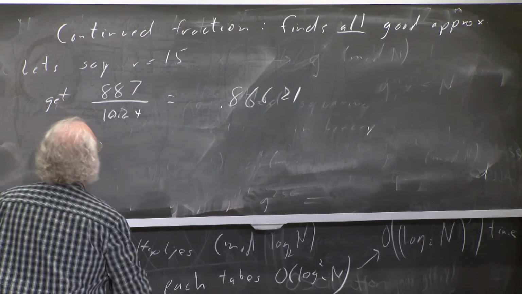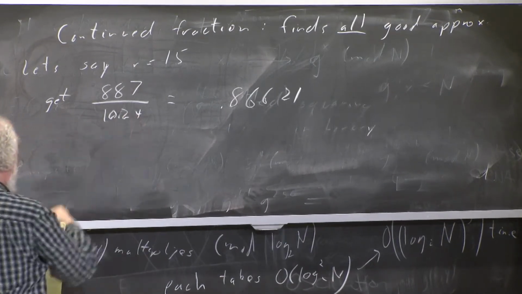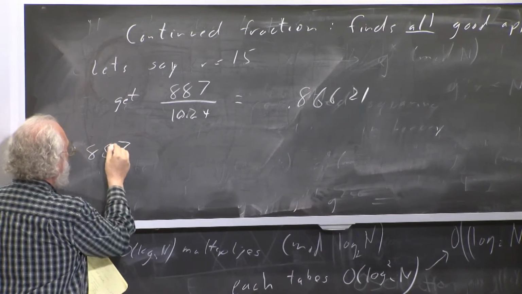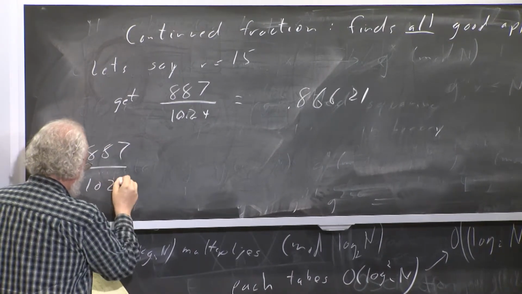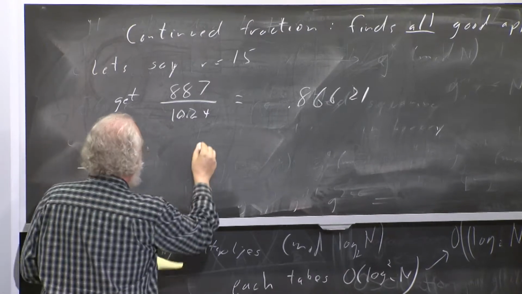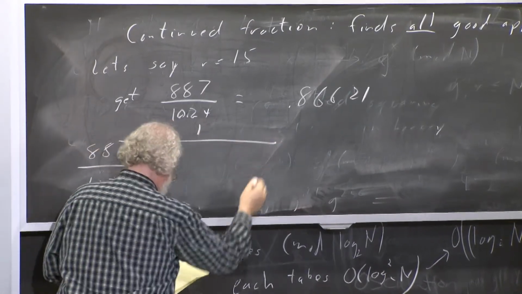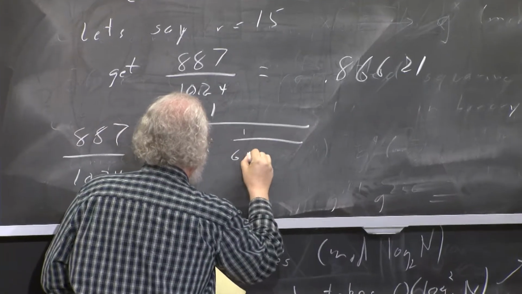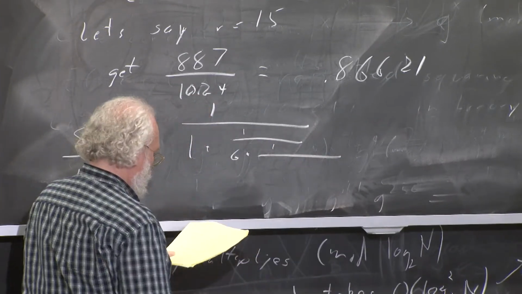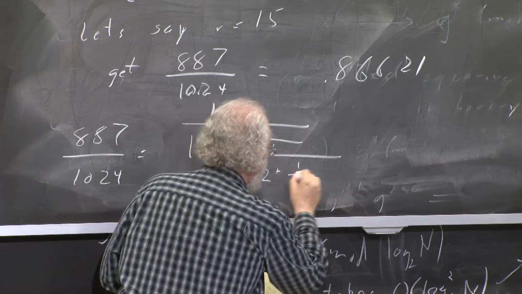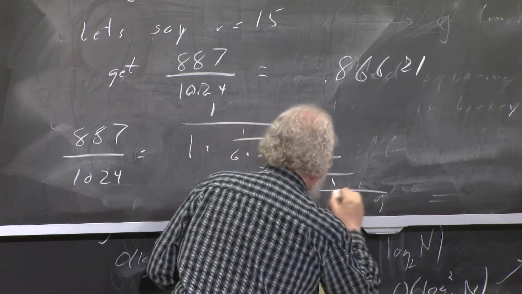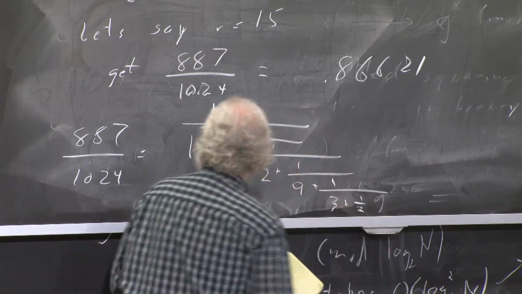The first thing we do is we take this number and we write it in continued fraction form: 1 over 1 plus 1 over 6 plus 1 over 2 plus 1 over 9 plus 1 over 3 plus 1 half.